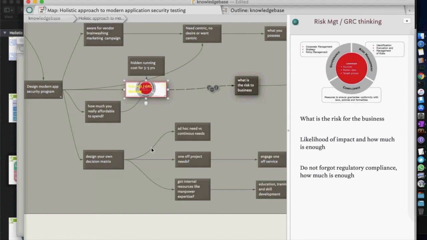In that scenario, it is not a continuous need. From there you can divide how much continuous scanning is needed and how much is ad hoc.